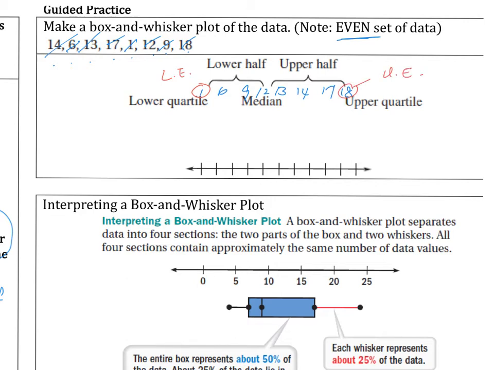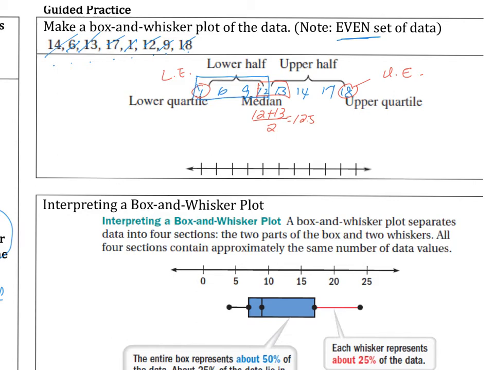I'm just abbreviating these. And to find the median, now this is a little different from the last one. I need to take 12 and 13 and add them together and divide by 2 to get 12.5 as my median. Now, for my lower quartile, I need to take this part of the data, and then I have 4 values.